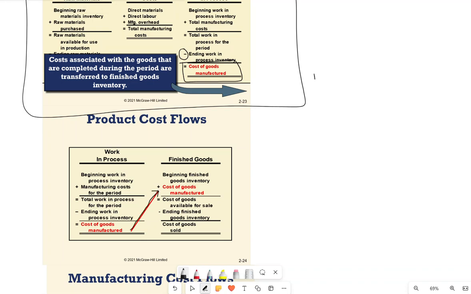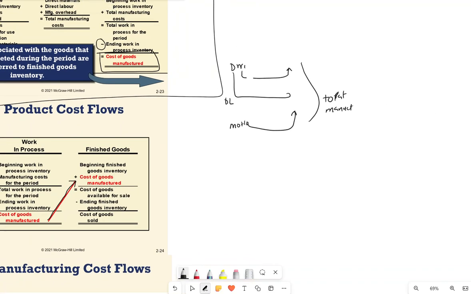So we have direct material that goes into production, direct labor that goes into production, and manufacturing overhead that goes into production. That is called total manufacturing cost. The manufacturing cost goes into work in process. Your work in process beginning plus your cost is equal to your total work in process.